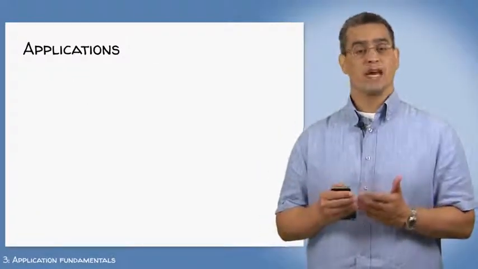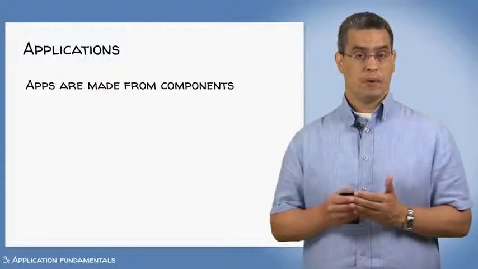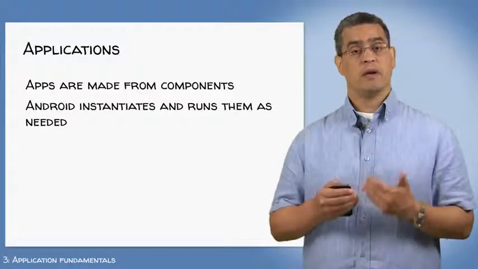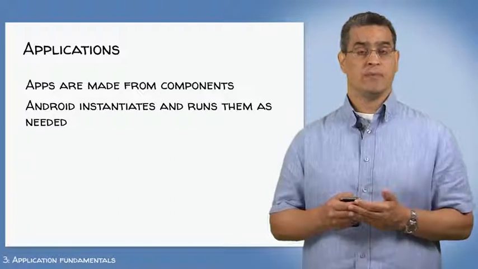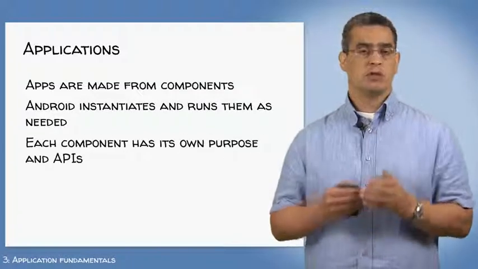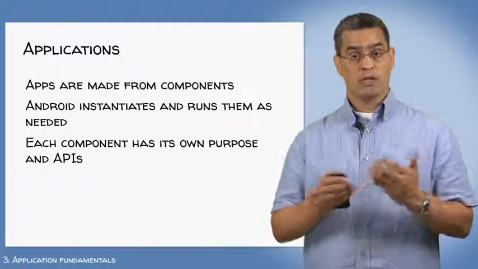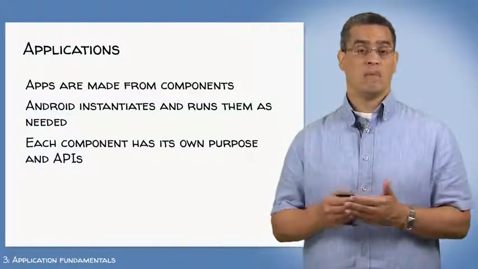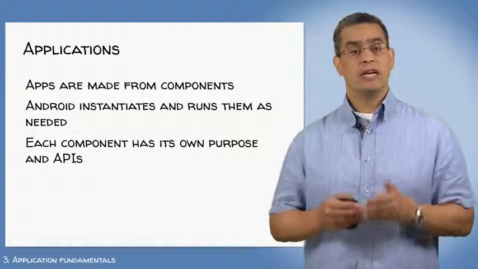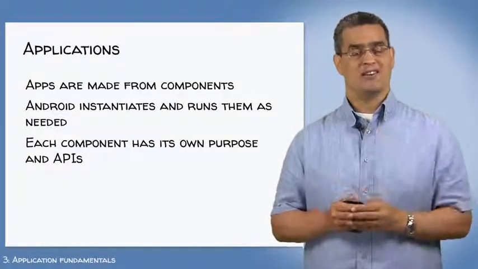Applications are typically created from multiple collaborating components, which Android starts up and runs as necessary. Each of these components serves a different purpose in the Android ecosystem, and therefore has its own entry point and its own APIs. Let's take a look at each of these components one at a time.